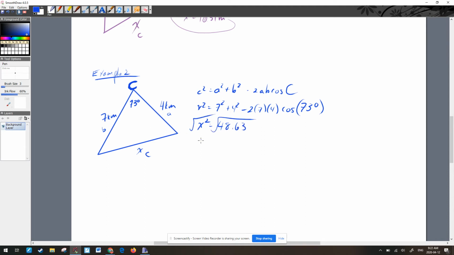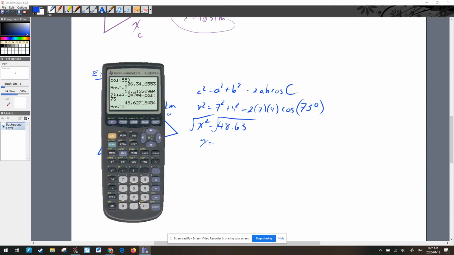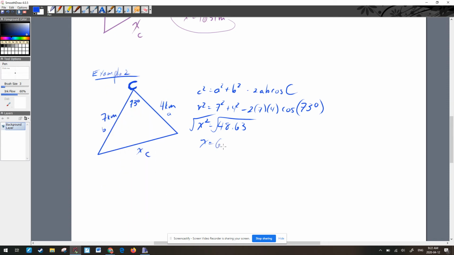So I'm going to root both sides. We find out 48.63 to the exponent 0.5 is 6.97. So 6.97, and that was kilometers. There we go. So those are pretty straightforward examples.